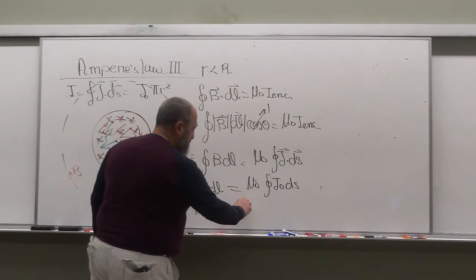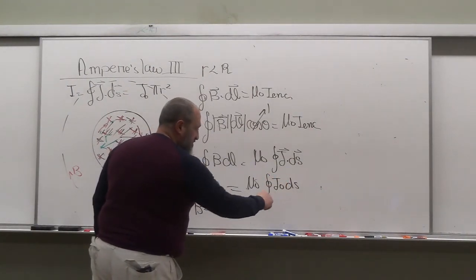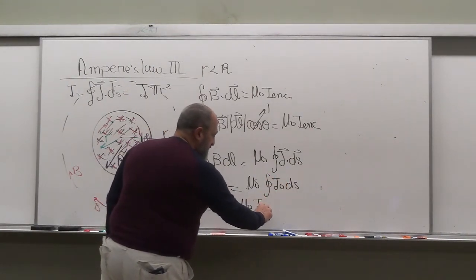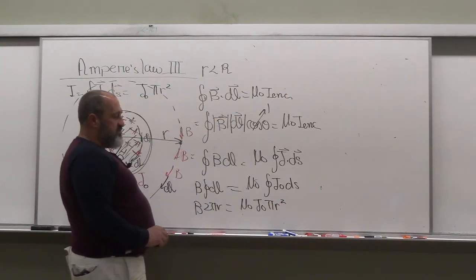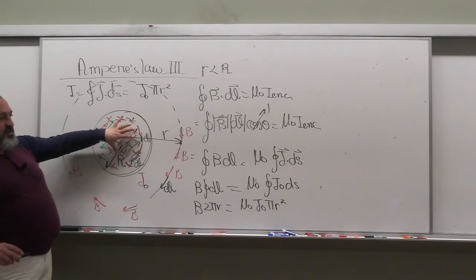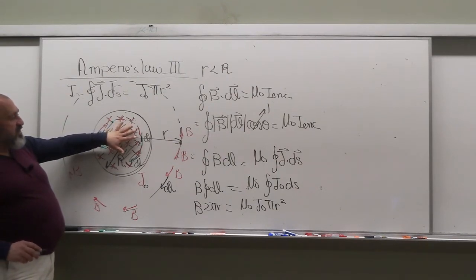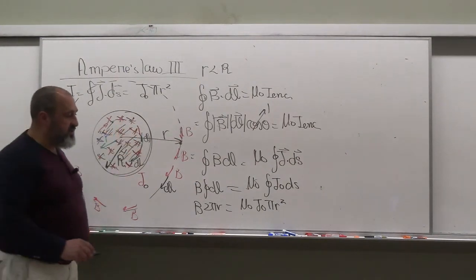That's just going to be equal to mu naught times J comes out, integral dS is pi r squared, J naught times pi little r squared. This is just the area enclosed inside the Amperian loop, and that gives us the current enclosed.